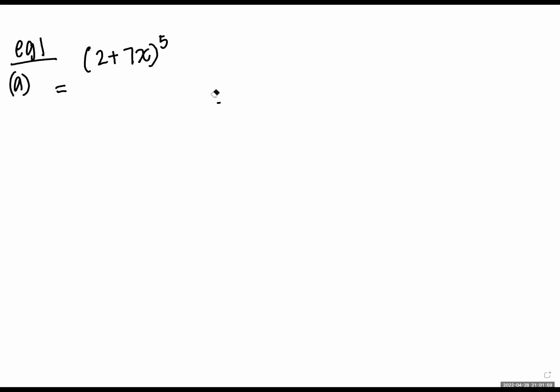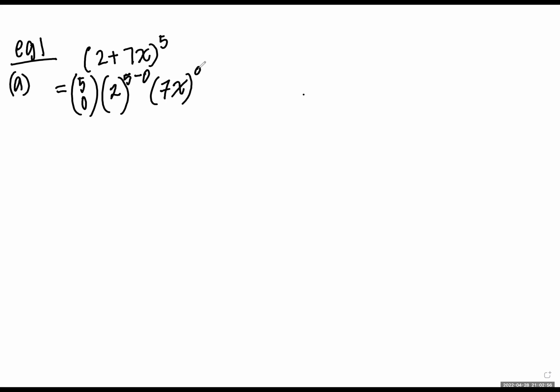So it will be open bracket 5 choose 0, close bracket, followed by open bracket 2, close bracket, to the power of 5 minus 0, followed by open bracket 7x, close bracket, to the power of 0.